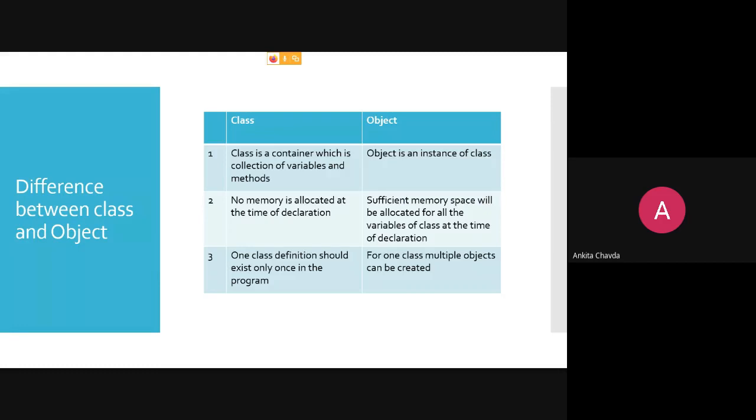The second difference is that no memory is allocated to a class at the time of declaration, but sufficient memory space will be allocated for all the variables of the class when the object is created. So once you create the object, a separate memory will be allocated for the variables.